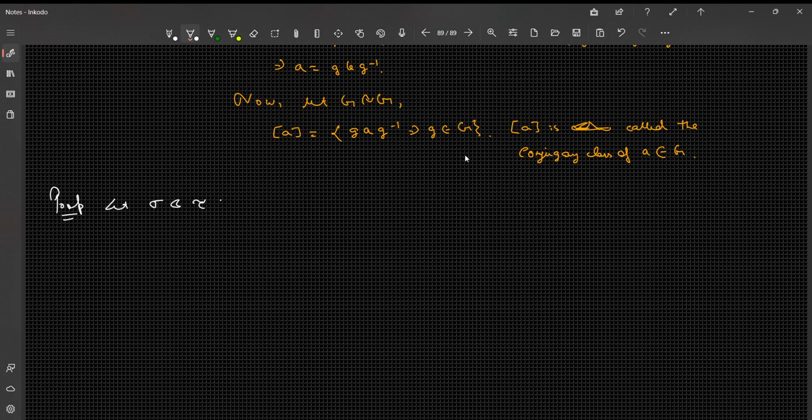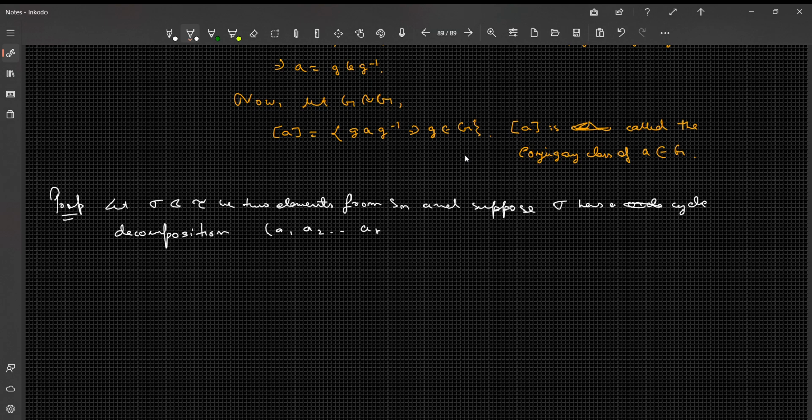Let sigma and tau be two elements from Sn, and suppose sigma has a cycle decomposition of this form: (a1 a2 ... ak1)(b1 b2 ... bk2)(c1 c2 ... ck3), and so on.